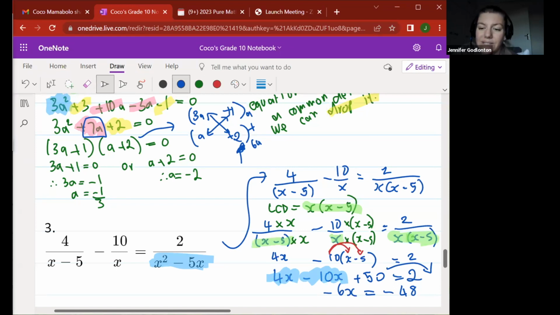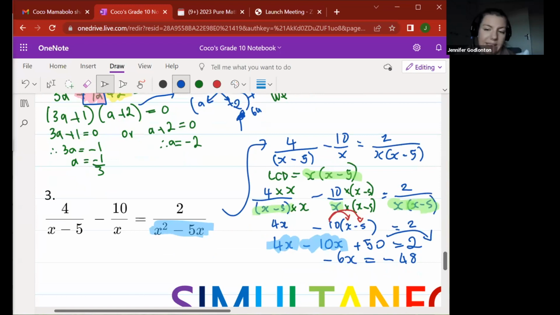Now I've got negative 6x equals negative 48. How do I get that x to be alone? How do I isolate the x at this point over here? Think about grade 8. We're going to divide both sides by negative 6. Okay, so those are going to cancel, and we are left with x is equal to positive 8.